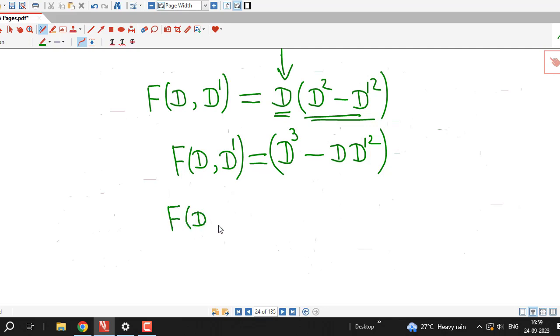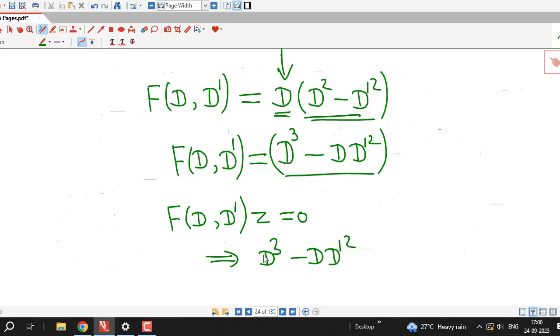Suppose our equation is F of D, D dash z equal to 0, that is D cube minus D dash square z equal to 0.